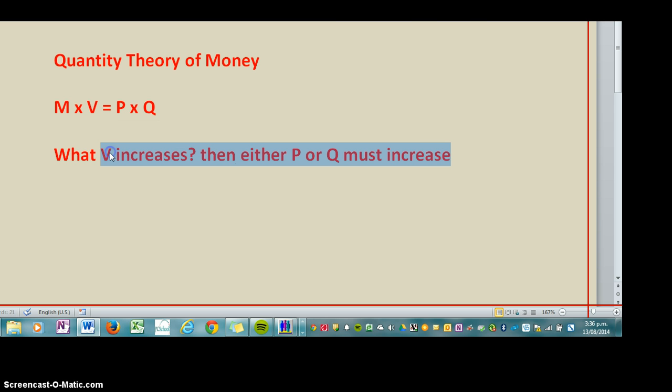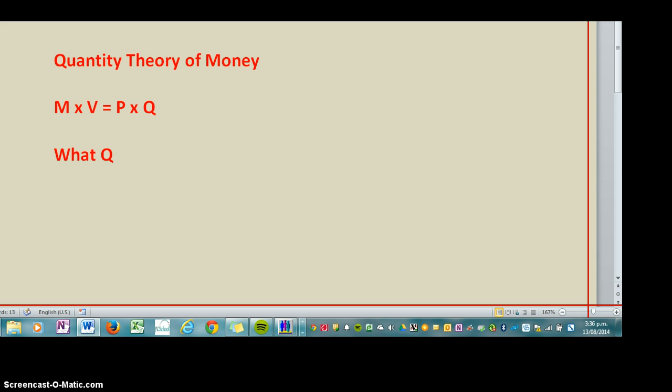We could say, what if Q increases? Okay, what if Q increases? Well, if Q increases, then we need either the money supply or velocity of circulation to increase. So M or V needs to increase on the other side, to balance that.